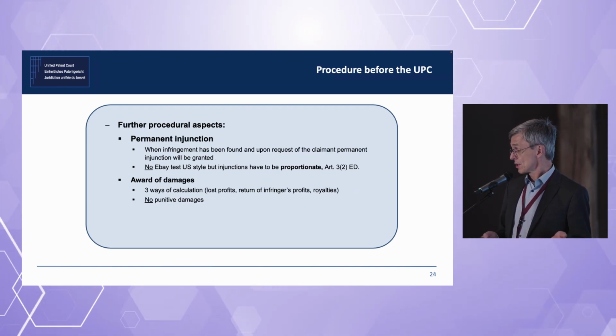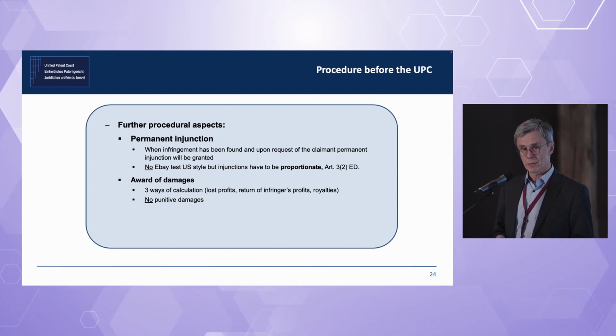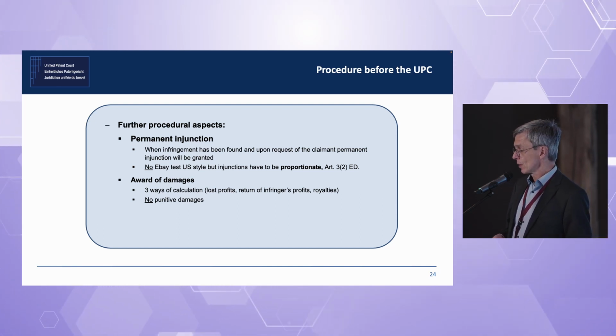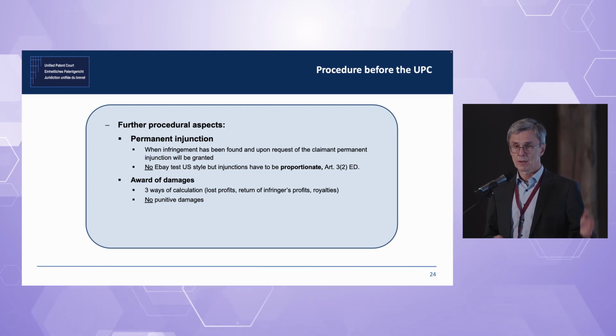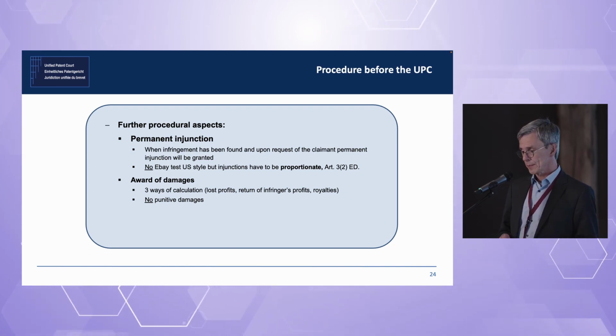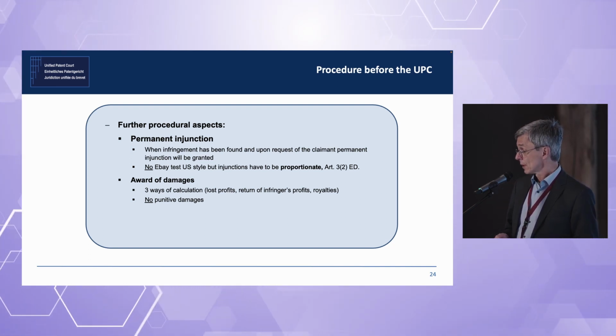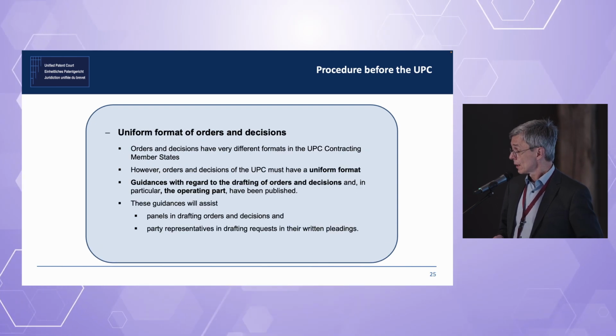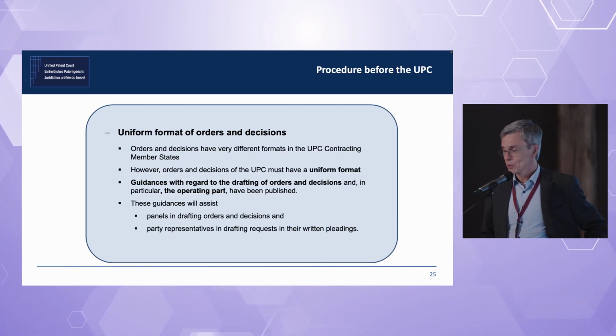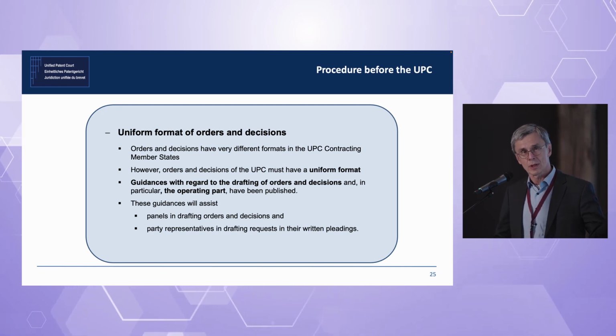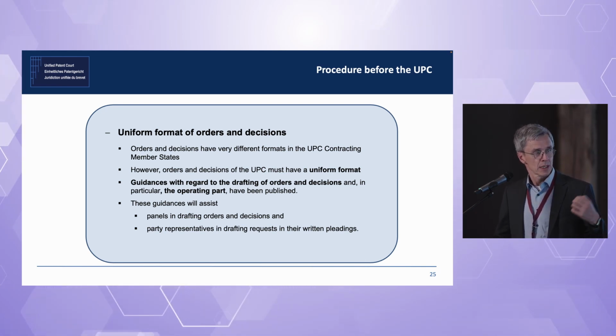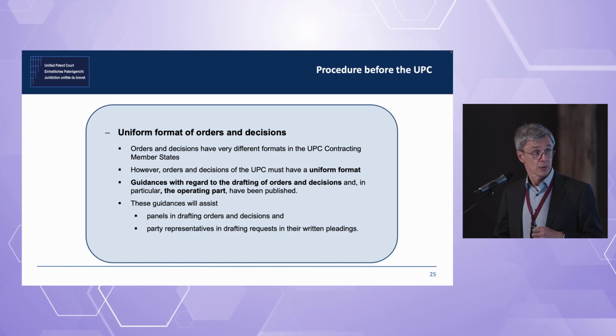Okay, permanent injunction, that's again the discussion we already had with the proportionality issue, and award of damages also goes along the lines of the enforcement directive. Yes, and this is an interesting aspect, uniform, the court calls itself a unified patent court.